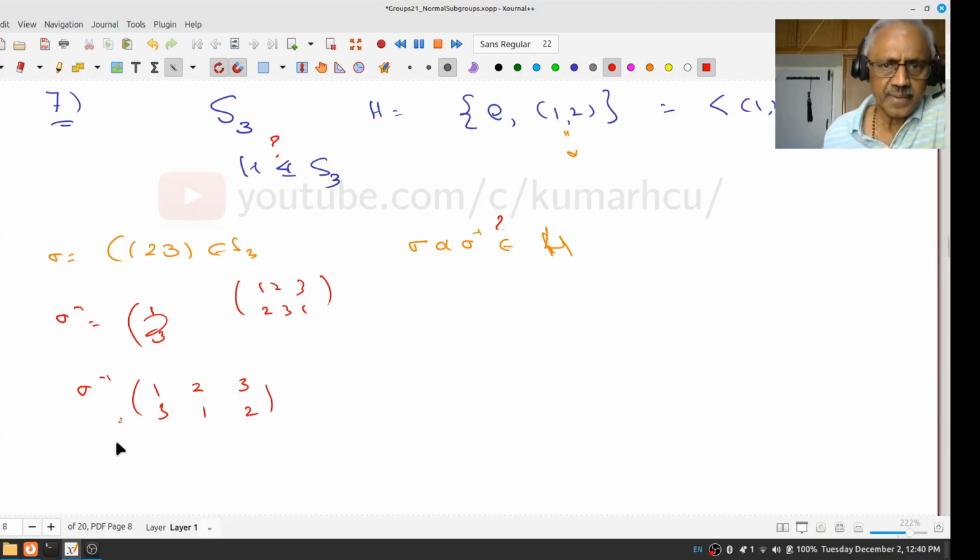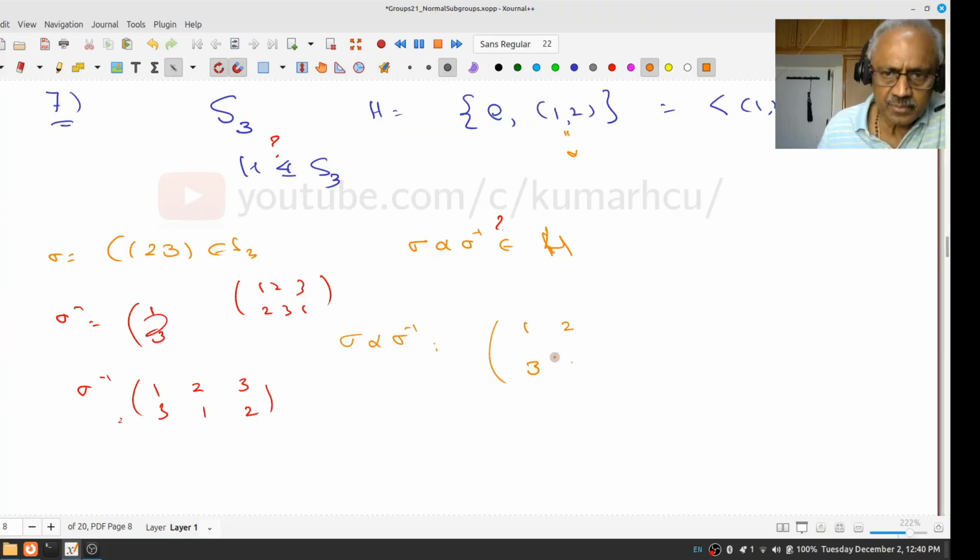Therefore, let us look at what is sigma alpha sigma inverse. So where does 1 go? 1 goes to 3, right? And under alpha, 3 goes to 3.